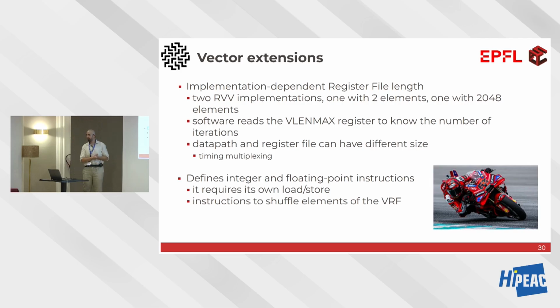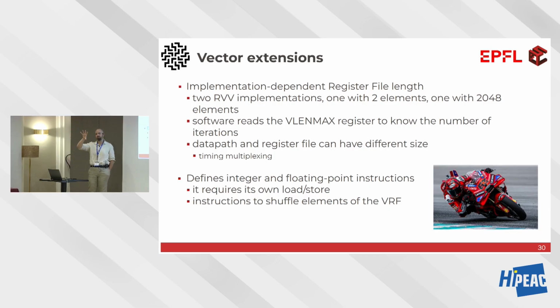Last, vector extensions. Do you know what a vector is? Yeah, I guess most of you know vectors. You probably use them in your C code, like int something, square brackets, and you write your vectors. RISC-V also defines vector extensions, so the operands they refer to are vectors.